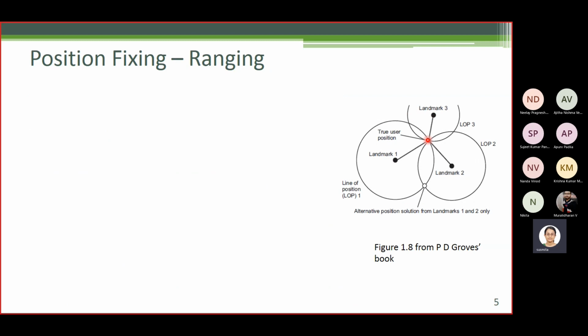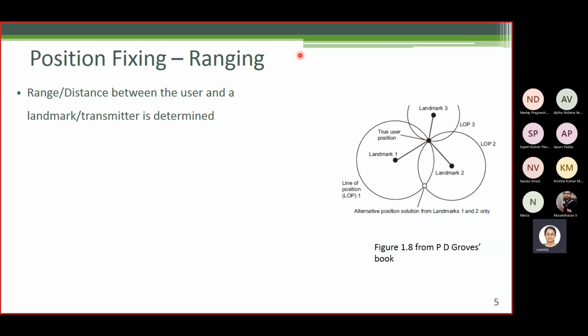Next is ranging. In case of ranging, the distance between the user and transmitter is determined. So we can call it a landmark or transmitter. The user can be denoted as receiver also, because it has equipment to receive signals.